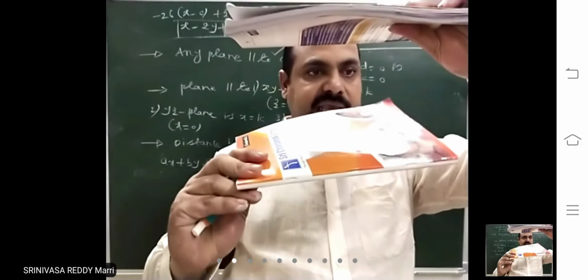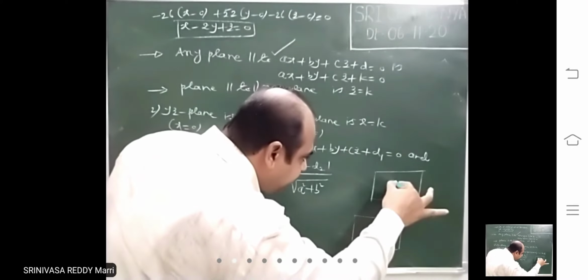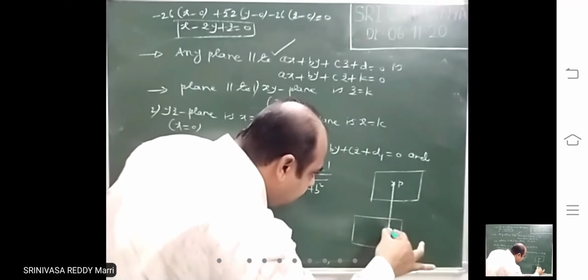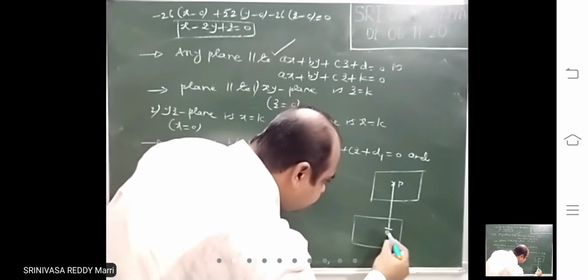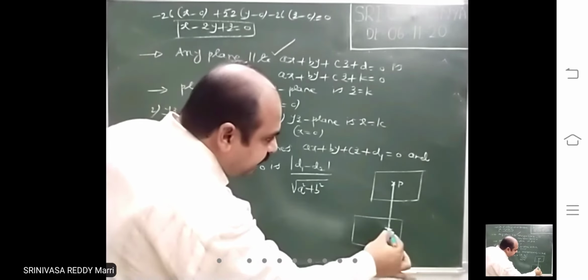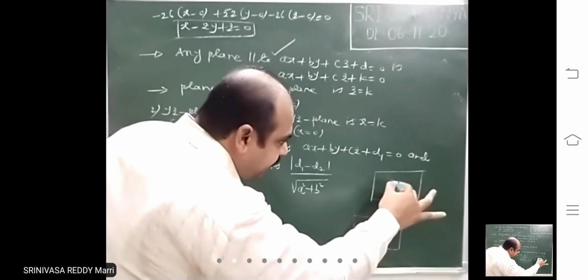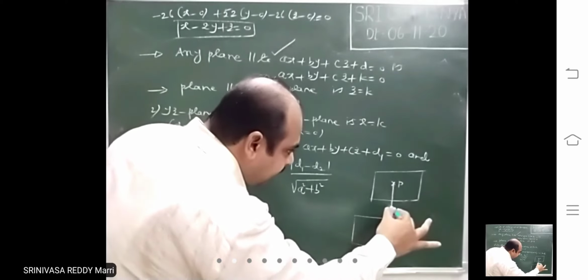What is the distance between parallel planes? You take one point in the upper face, drop a perpendicular from P upon the ground face at Q. So Q is the foot of perpendicular. You take any point on the above face and drop a perpendicular.